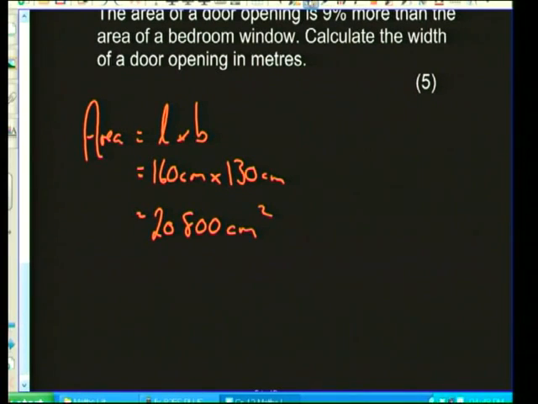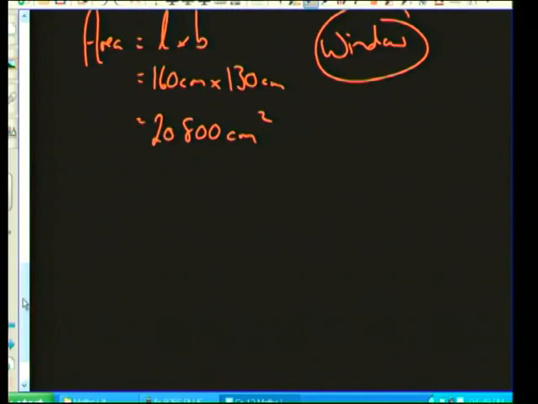And this, guys, is our window, this is my window area. So what's my door? Well, we know the door has a 9% greater area. So let's find out the area of my door.